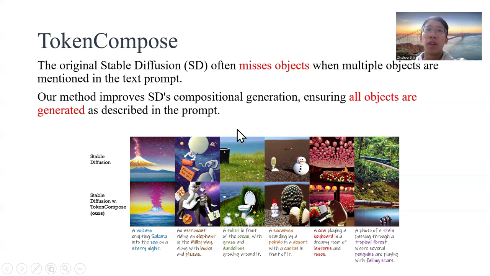For example, on the third row of this image, the user has mentioned the toilet, ocean, grassland, and deadlines in the prompt, and the user expected the image to contain the four objects mentioned in the text prompt. However, the original diffusion model only generates the grassland and ocean, omitting the toilet and the deadlines. Our goal is to improve Stable Diffusion's compositional generation ability to ensure all objects mentioned in the text prompt can be generated in the image.